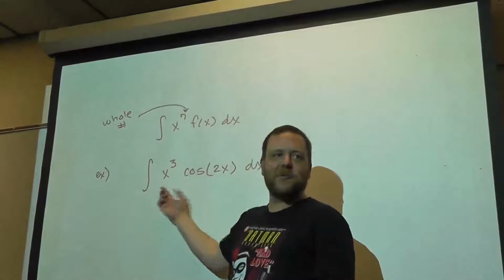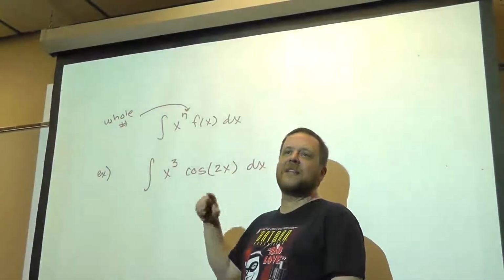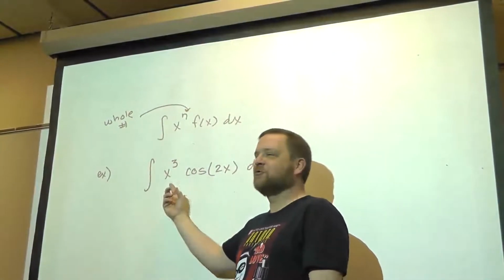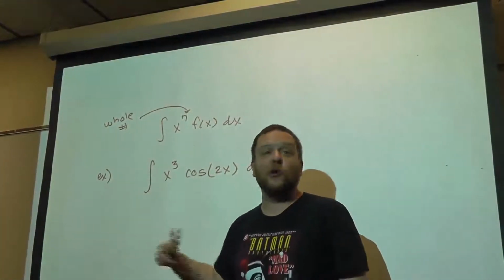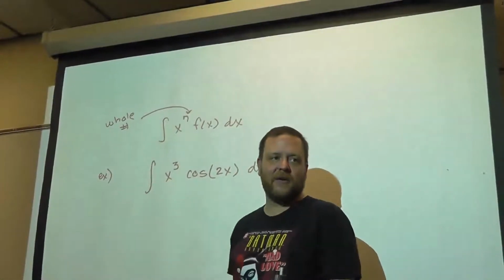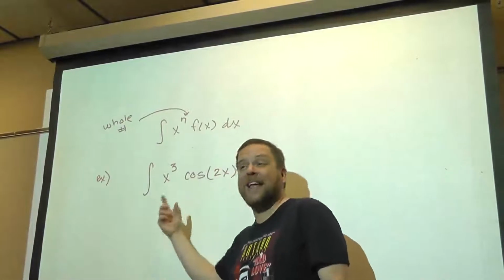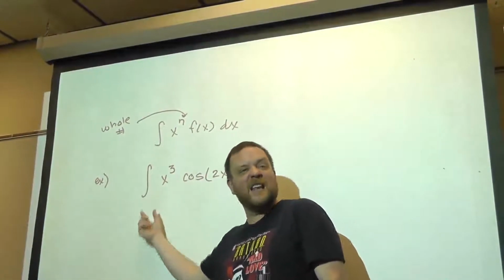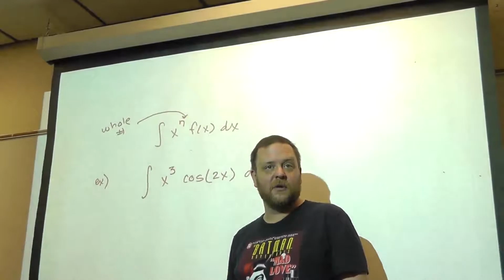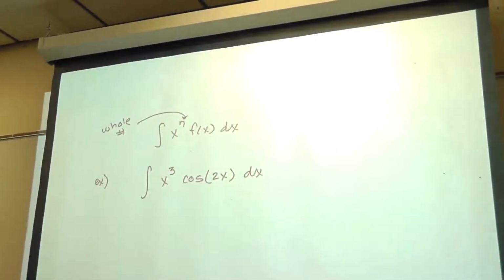You've got an algebraic and trigonometric in here, and according to LIATE, algebraic trumps trigonometric. So your choice for u every single time would be this algebraic power of x. But since in the unique case you have a whole number exponent, it eventually whittles down to a derivative of 0. So the integration by parts shortcut does this.